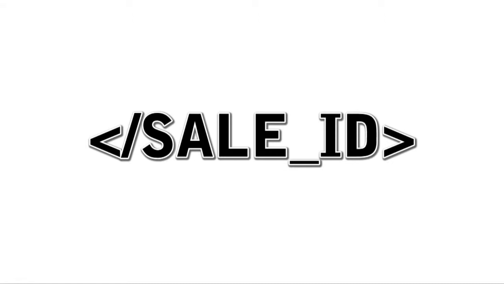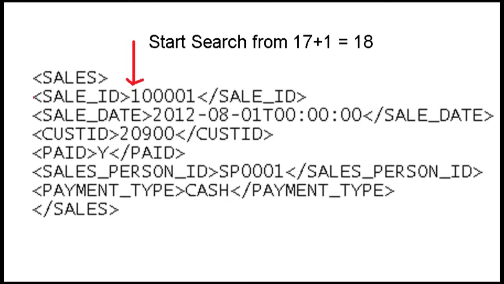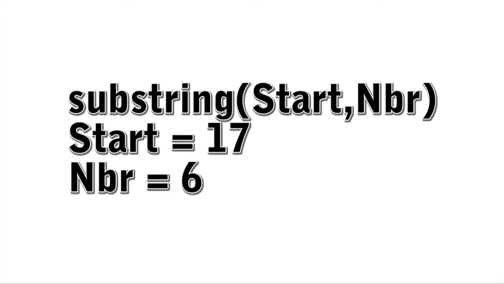The program starts searching from the position 18. This is because we already know that there is no end tag before the position 17. To copy the data, the program uses the substring function. This function also has 2 parameters, the position where copy starts and the number of characters to copy. In the example, it would be substring 17, 6.